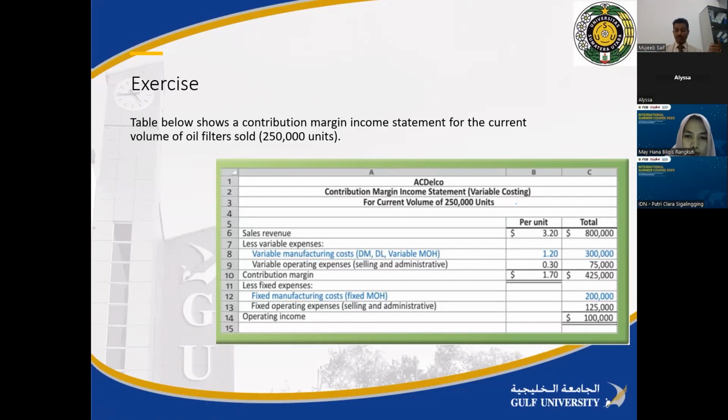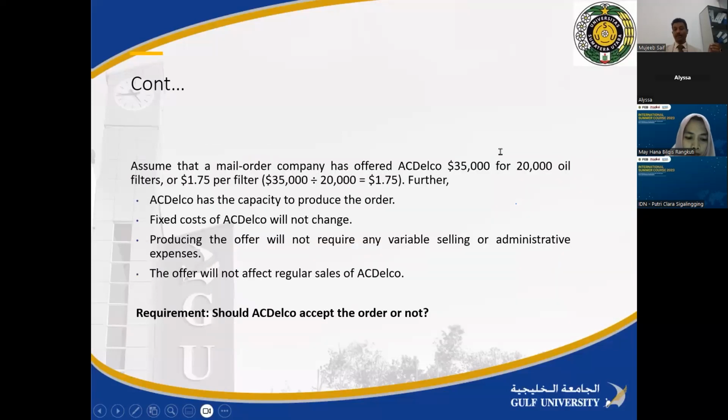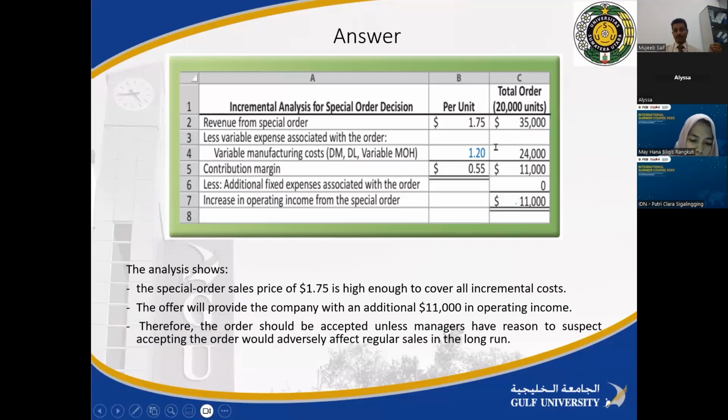So the total variable cost I will pay if I accept this order is 1.2 multiplied by the number of units for this order, 20,000. So 20,000 multiplied by 1.2 will be 24,000, right? So if I accept this order, I will get additional revenue.